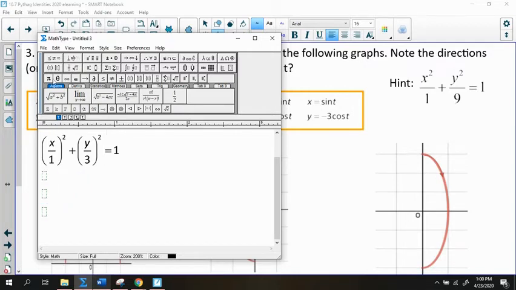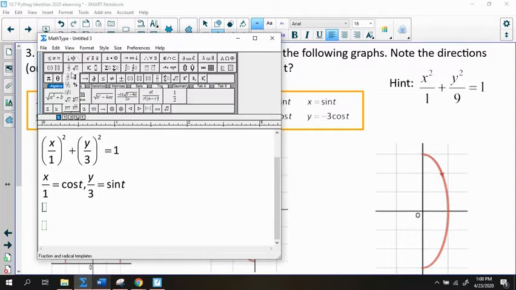So you could say x over 1 equals cosine of t, and then you could say y over 3 is equal to sine of t. So that would be one option, which would mean x equals cosine and y equals 3 sine.